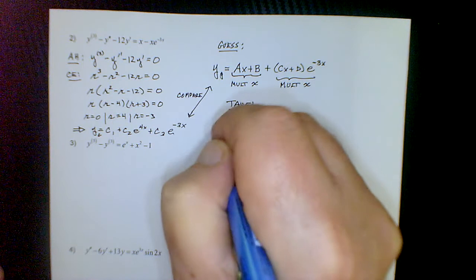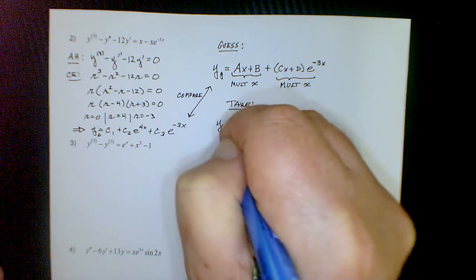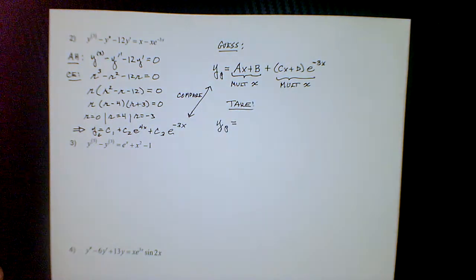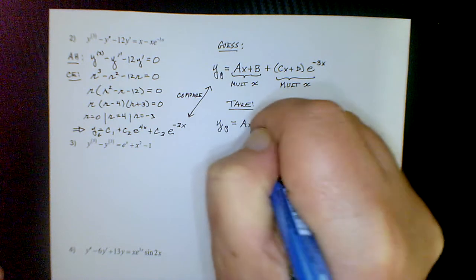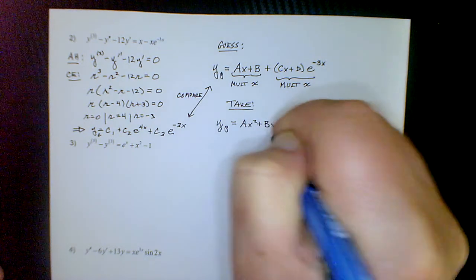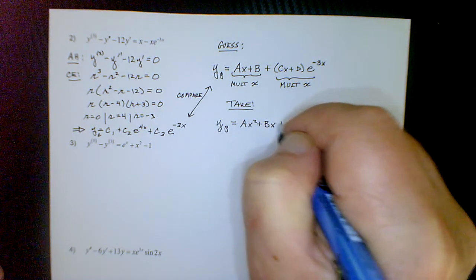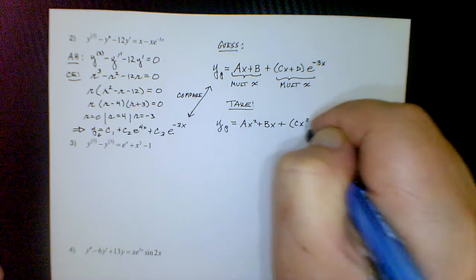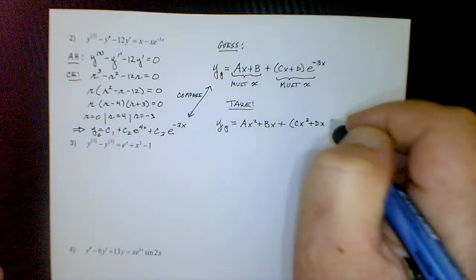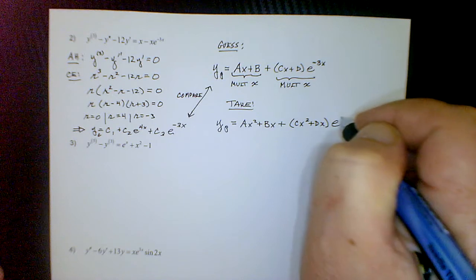So then finally we're going to take y sub p to be equal to, you can distribute the x if you like, maybe call it ax squared plus bx, and then plus, I'll distribute the x inside here, cx squared plus dx times e to the negative 3x.